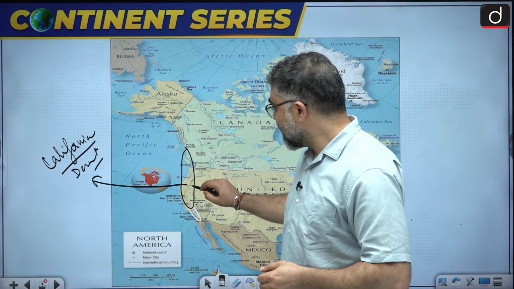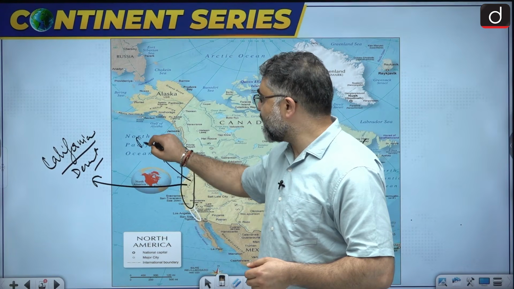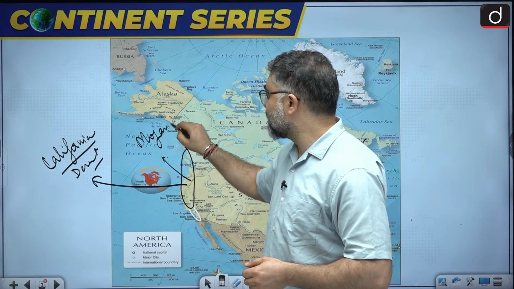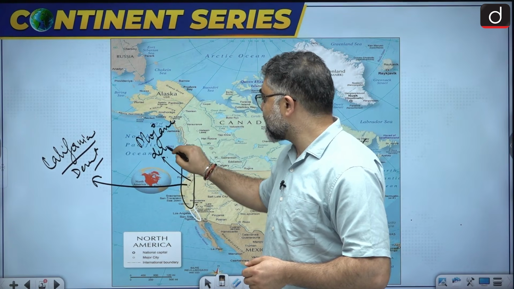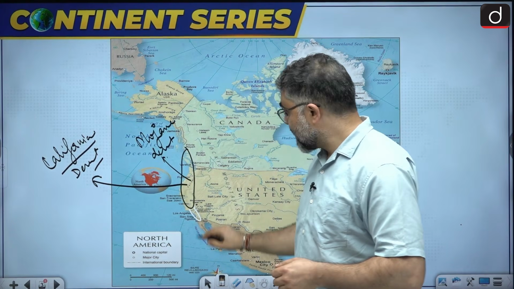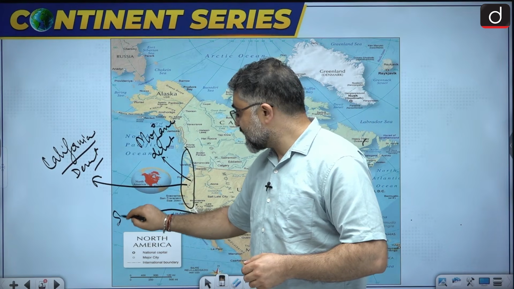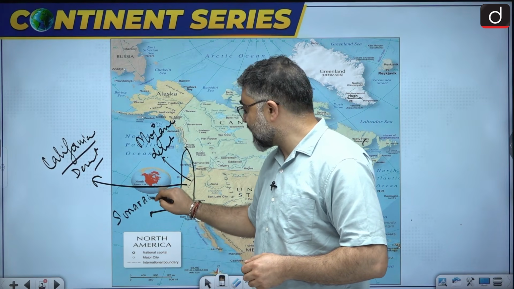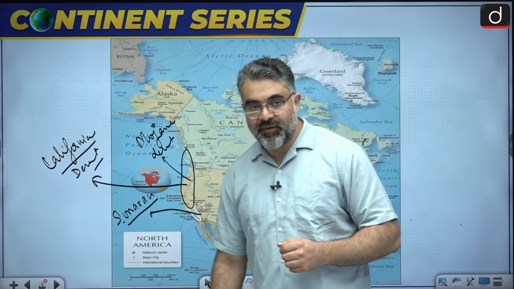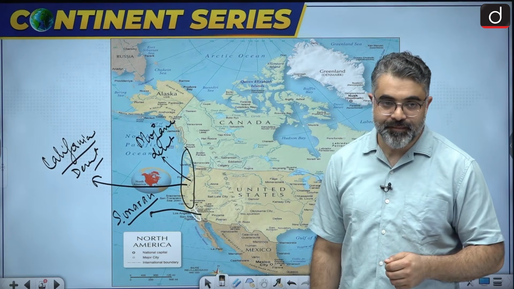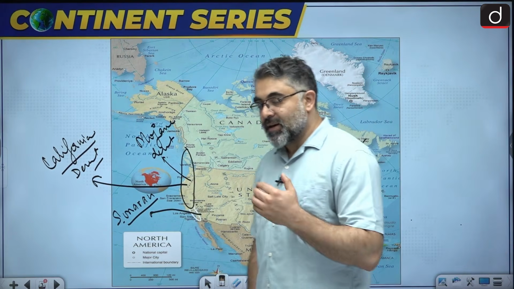For example, it's called as Mojave Desert in California. It has name as Sonoran Desert to the south of it, towards Mexico. Now, why is this region a desert formation?